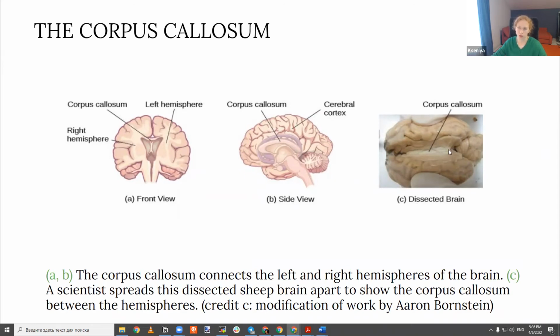The symptoms of refractory epilepsy can be reduced by cutting through the corpus callosum in an operation known as a corpus callosotomy. Roger Sperry discovered the basic function of the corpus callosum due to such operations.